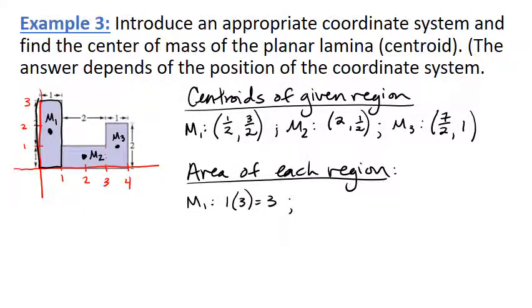The next rectangle would be here. Again, finding this area, we would take 2 times 1, giving us 2. And then finally, the third rectangle would be 1 times 2, giving us an area of 2.